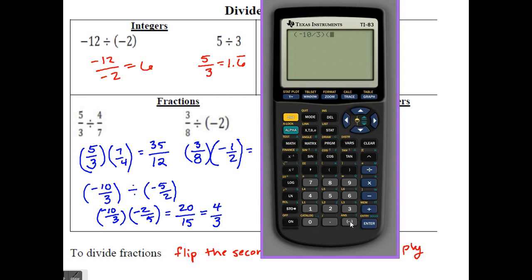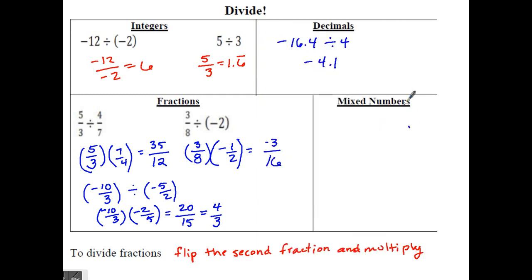And then we're going to add negative 2 divided by 5. And we press enter. This is the answer in decimal form. We want to change that to a fraction. We're going to press math and press enter twice, and I get the 4/3. So that is correct. Now let's move on to mixed numbers.